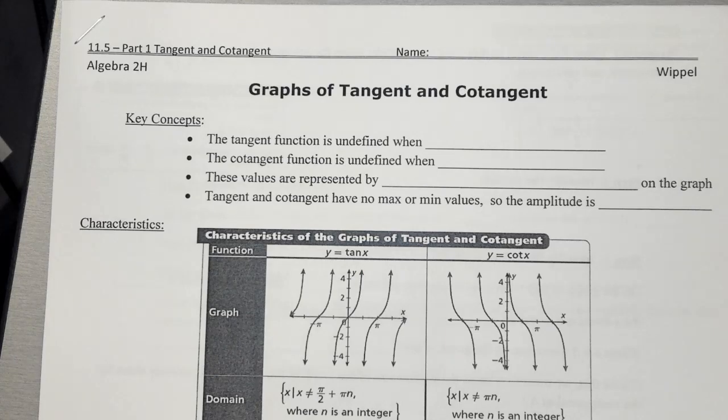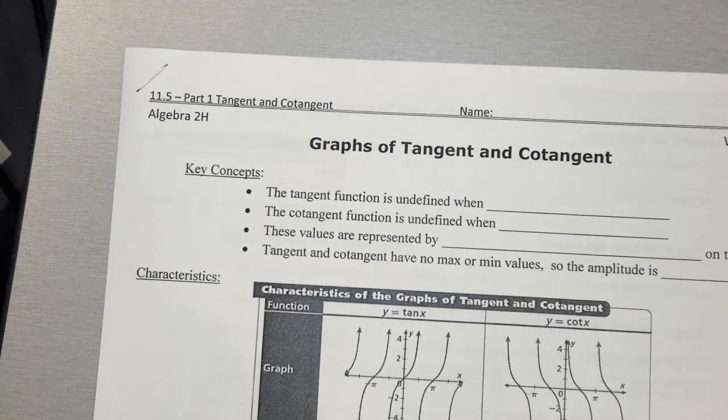All right, so when we are talking about tangent and cotangent, the first thing that we're going to talk about is where these are undefined, okay? So to find the tangent, do you guys remember what you have to divide?